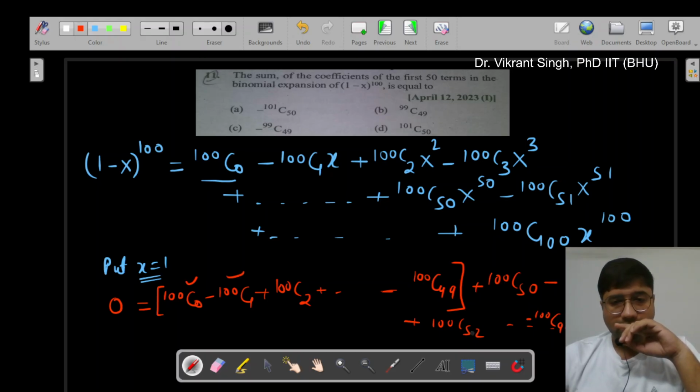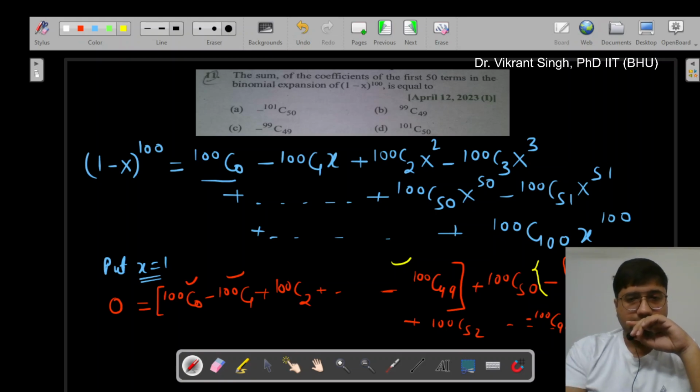So similarly, this series is continued, and this value is equal to 100c48 and this value is equal to 100c49. So in short, we can say that this whole value in bracket is equal to this value.